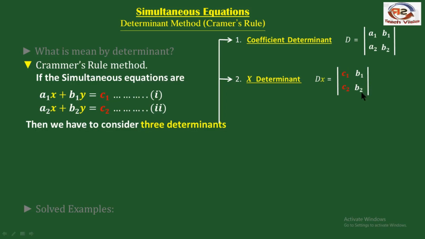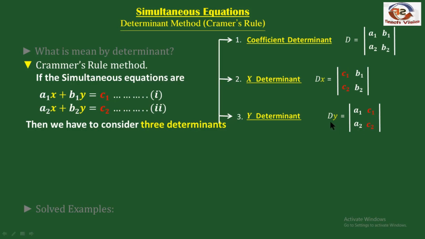Then we have to consider the third determinant, which is y determinant, and it is denoted by Dy, which is equal to, it contains the four numbers by column a1, a2, c1 and c2.